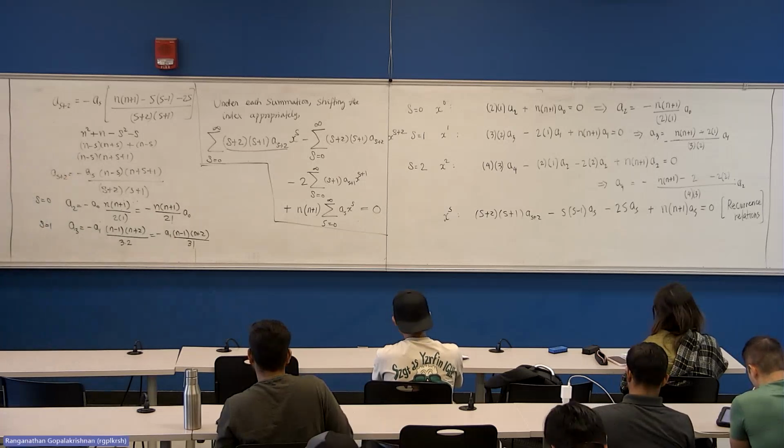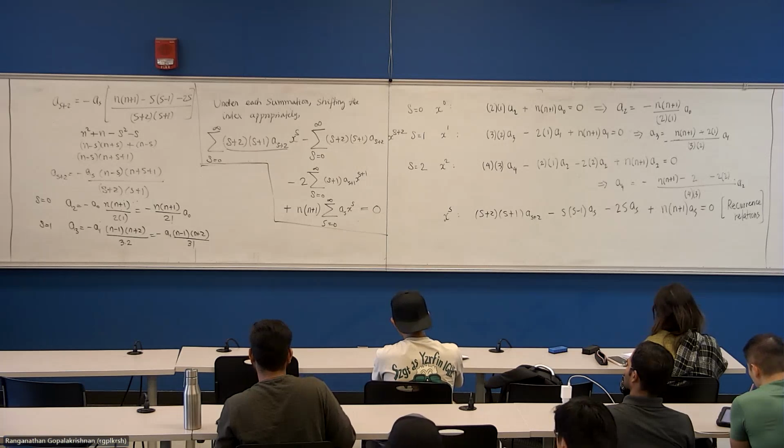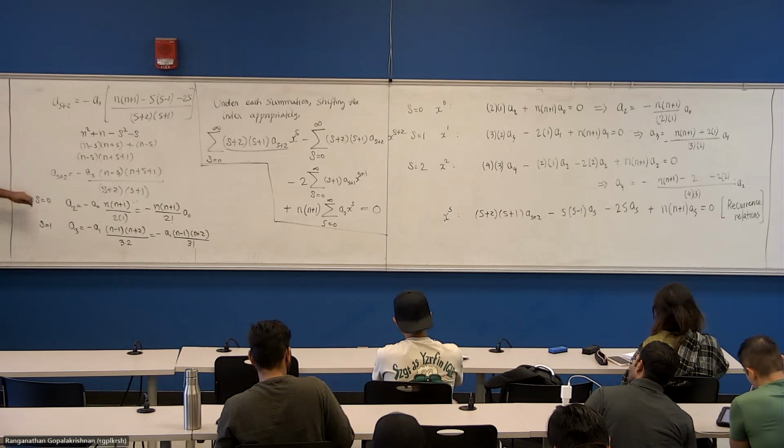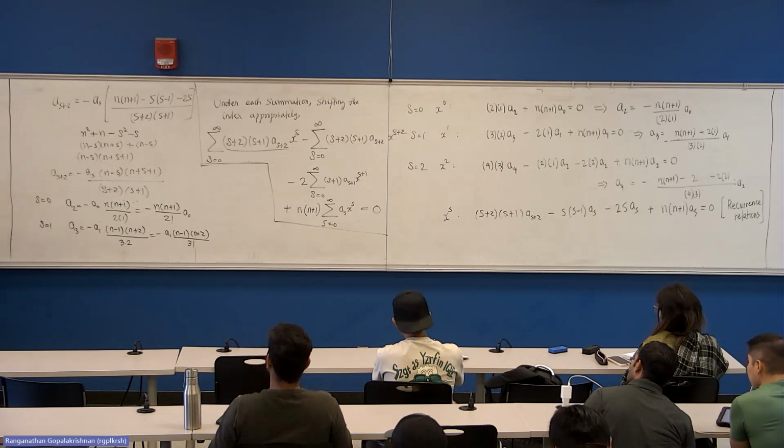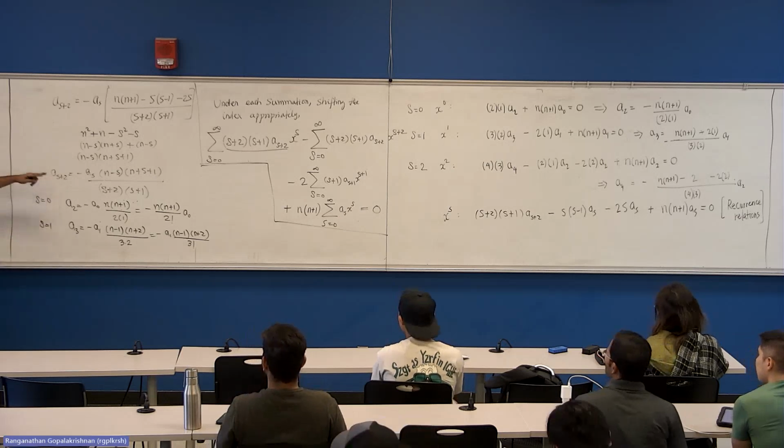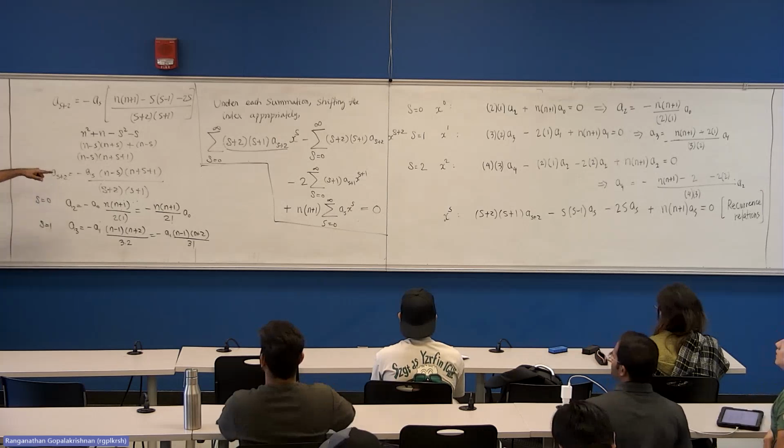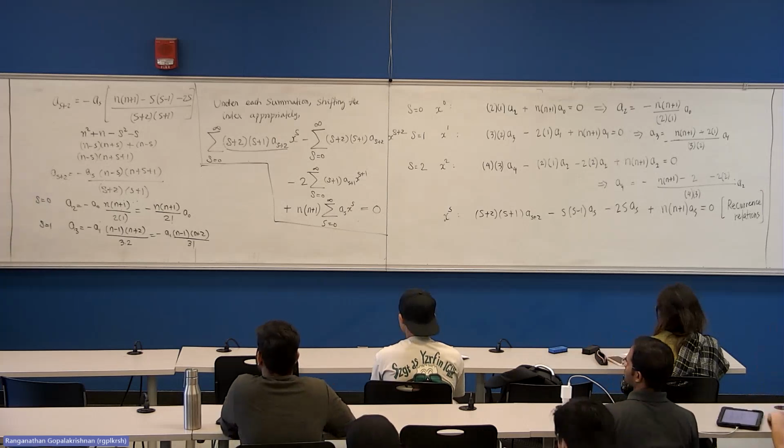What am I going to say next? You've been in the class for 4 lectures now. a2 in terms of a naught, a3 in terms of a1, and a recurrence relation that is s plus 2 in terms of s. What's next?